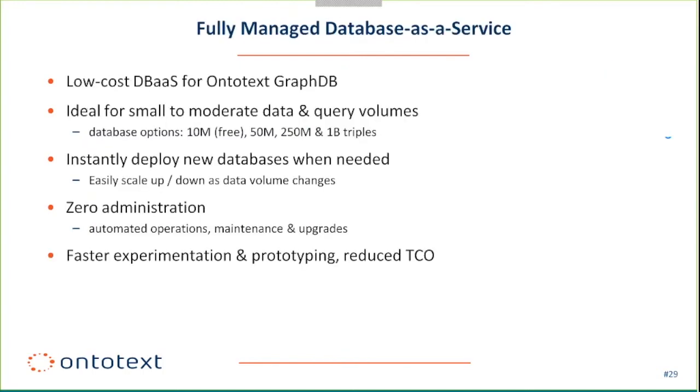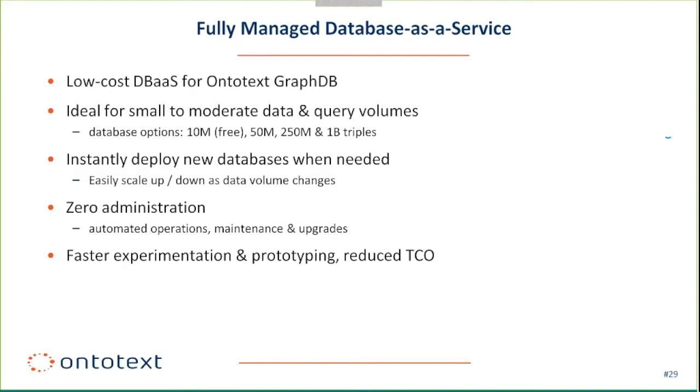Now, the S4 is a low-code database as a service solution by us, and it's for our GraphDB. It's ideal for small to moderate data and query volumes. We have 4 different database volumes that you can define.